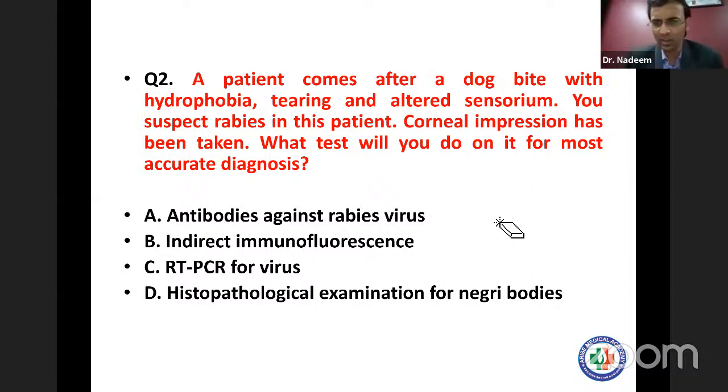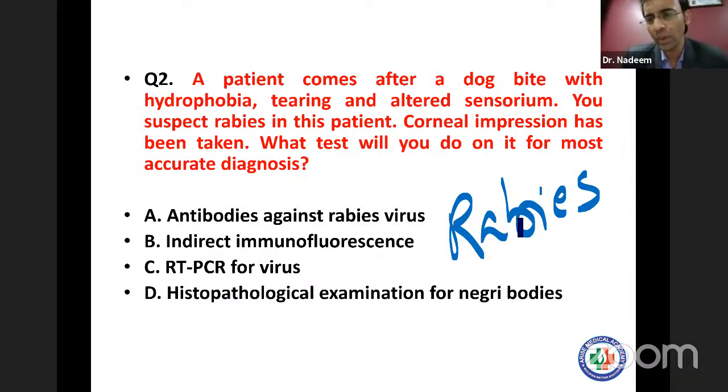Basically, here the diagnosis is 100% clear. It is written here that the patient is having rabies. Out of these four options, which is most specific and sensitive for rabies virus?